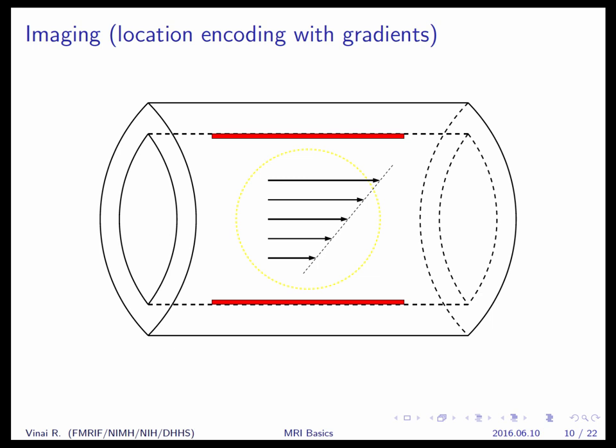So at the point where your gradient takes away a little bit from the main field, remember the 2 equations I showed before, the second one, where the frequency is dependent on the main magnetic field, the field here is a little bit lower, whereas up here it's a little bit higher. And in the grand scheme of things, these differences are not huge, they're fractions of a percent, but the electronics are so sensitive and so good, this is plenty for us to image with.